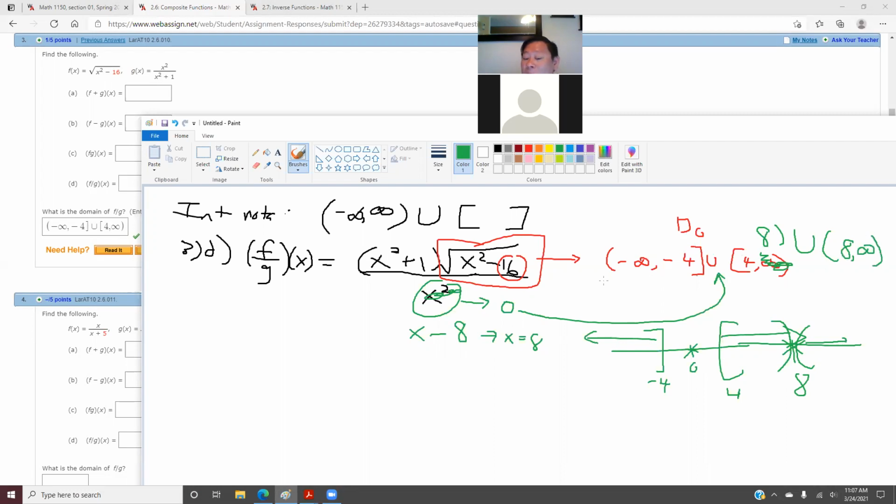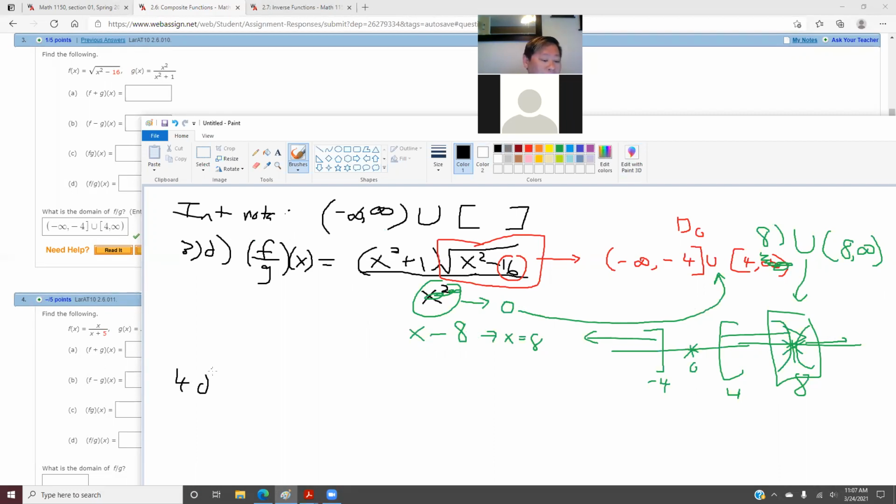So this is what happens if your denominator cannot be 0. For this case, it's good because 0 is not included in the domain. But let's say you have x minus 8, so you have to do another piece just for the 8. You will have 3 domain sets with unions. But again, don't worry about this. It's not coming up in your test. This is a bit more difficult.